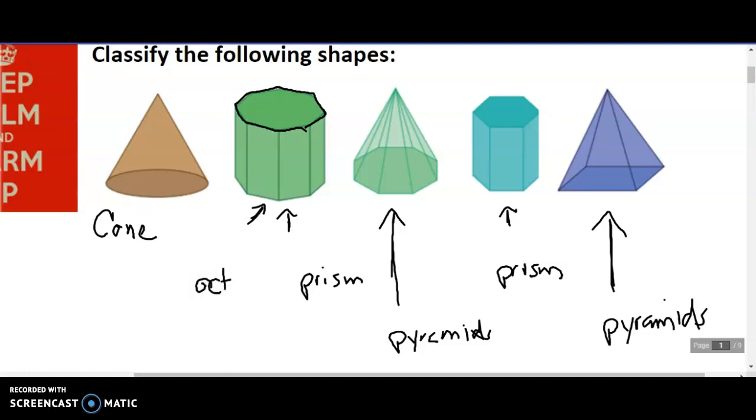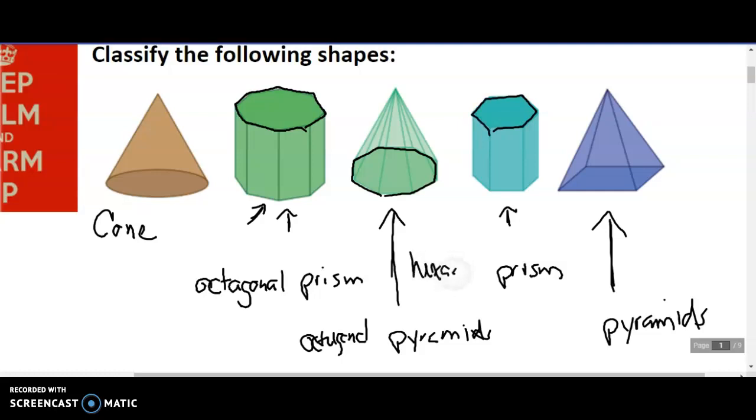So this would be an octagonal prism. And this is the base of this pyramid, which is also an octagon. So this would be an octagonal pyramid. Now this prism, the base is a hexagon.